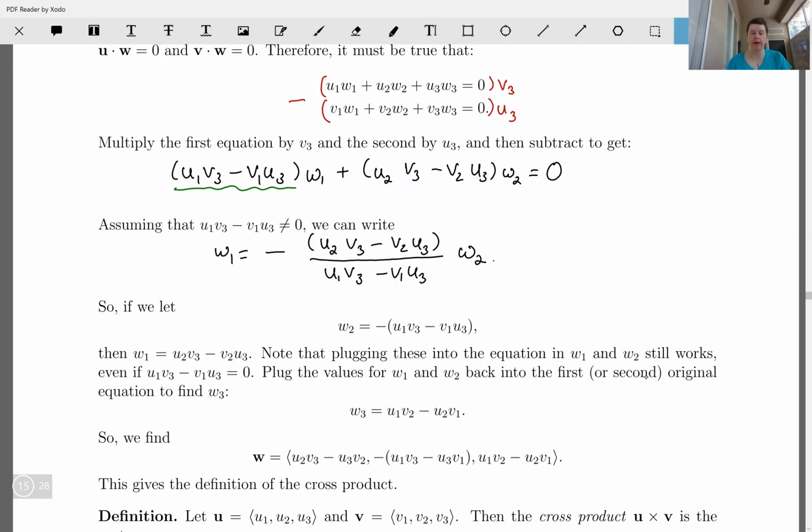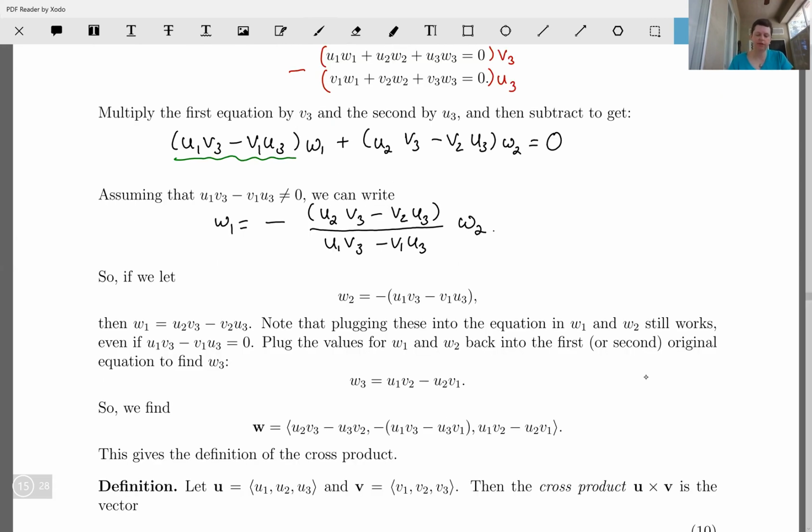By free variable, I mean it can be anything. So the most convenient thing to let it be would be the denominator or the negative of the denominator, which is what we're doing in this case. Because if you multiply by the negative of the denominator, you just get the numerator. And so by using this expression for w sub 2, we easily get w sub 1.